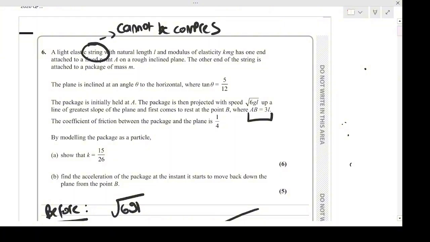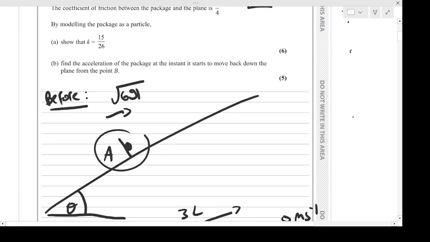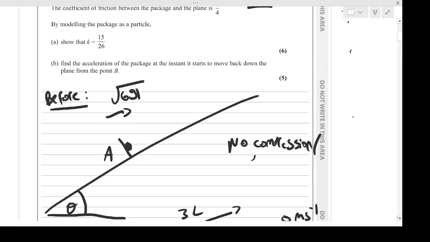If you were to try and compress it, it would just go all floppy. It won't actually shorten its length. It will just go slack, right? So it looks like there is compression, but actually there isn't, because you can't compress a string. You can only stretch it. So I'm going to say that there's no compression, or extension for that matter.